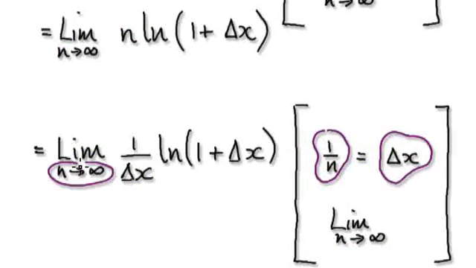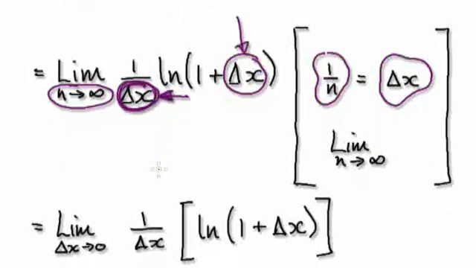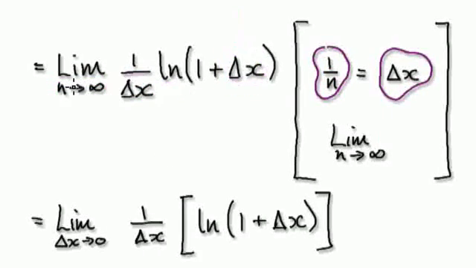If n gets bigger and bigger, this thing here will get smaller and smaller, and just the bottom part here will also get smaller and smaller. So we can rewrite this thing here as delta x getting smaller and smaller.